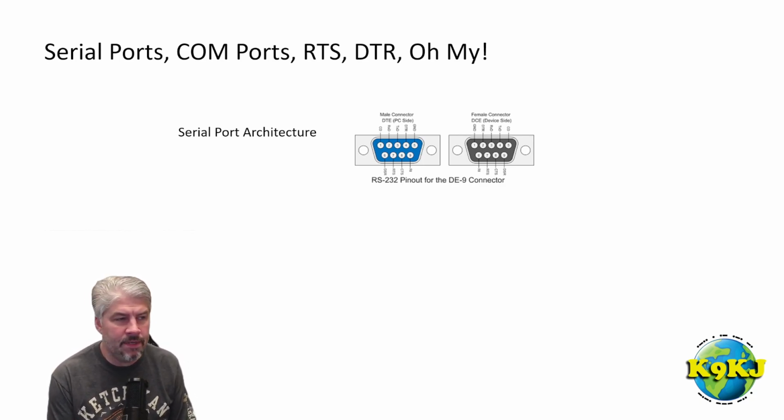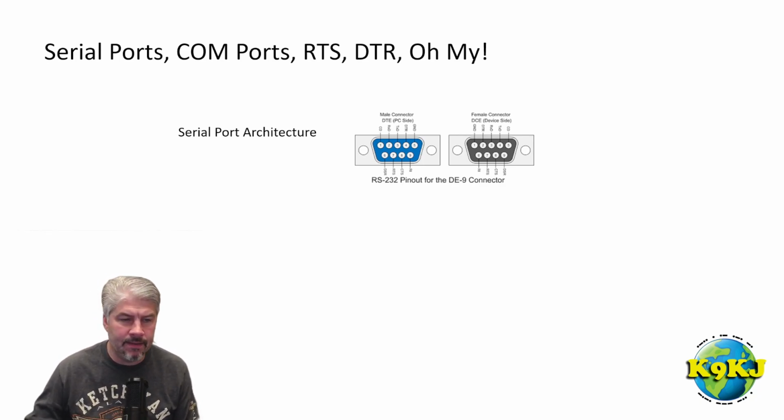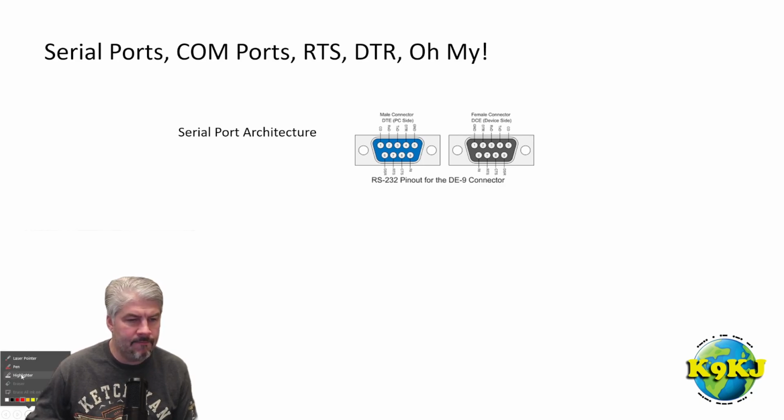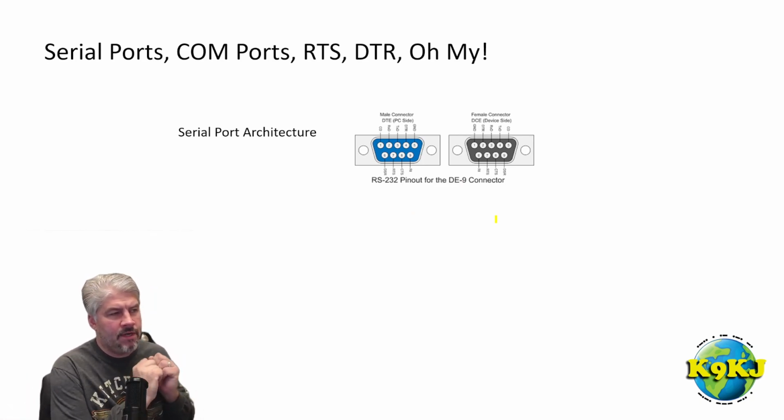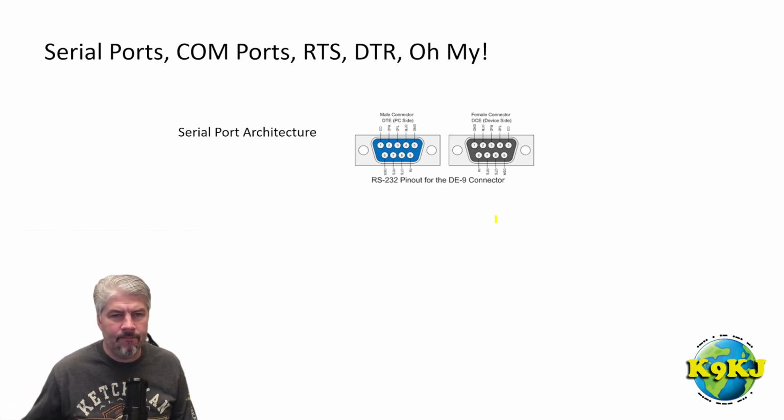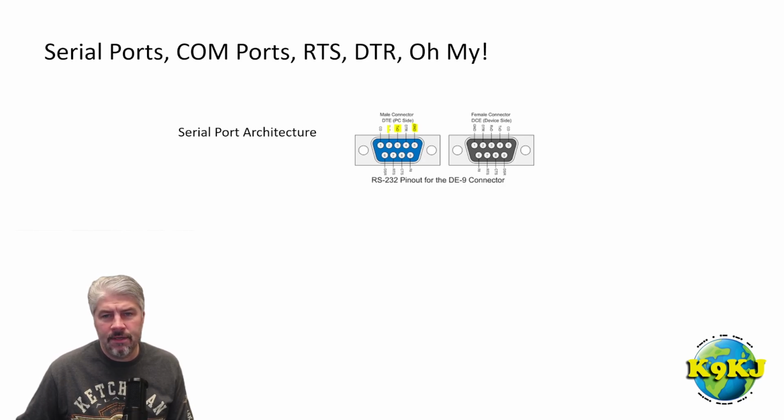Each one of those pins has a certain duty, and I'm going to get my highlighter out and highlight a couple of these pins here. When you are talking computer to computer with the serial port architecture, you only really need to connect the ground, the transmit, and the receive pins together, especially like today.